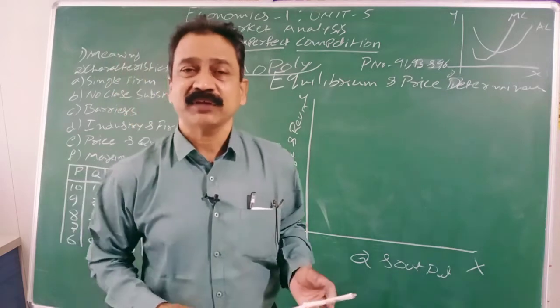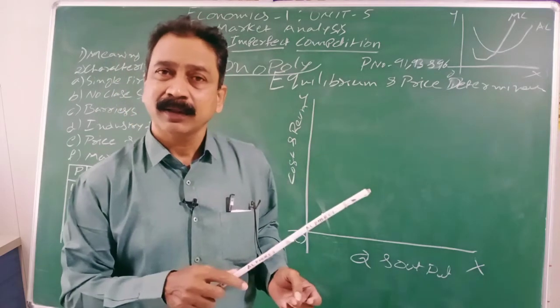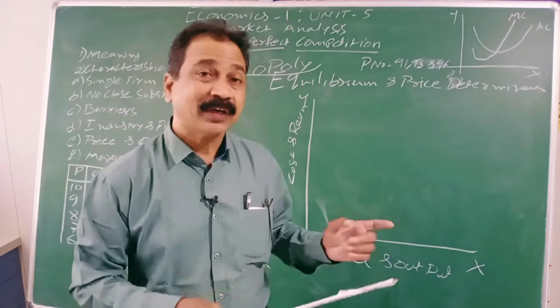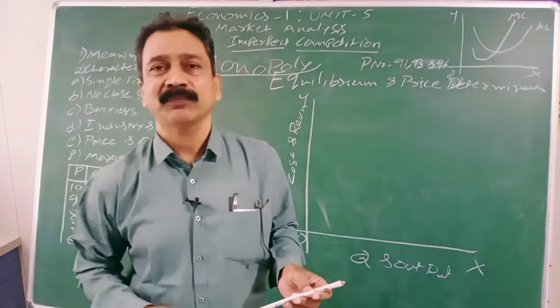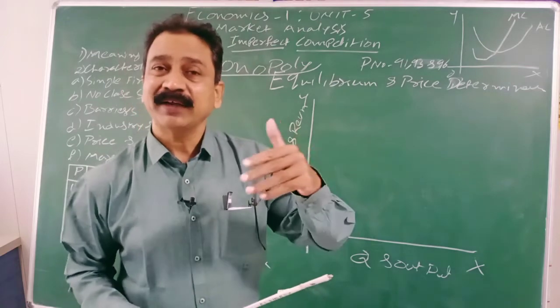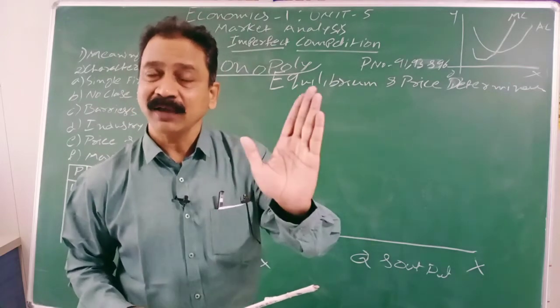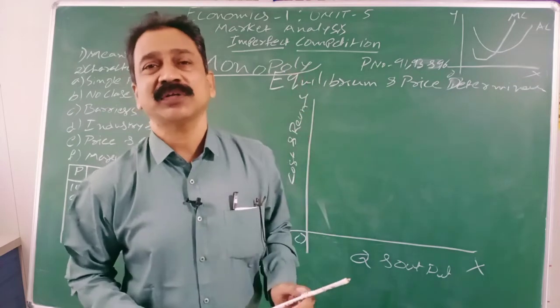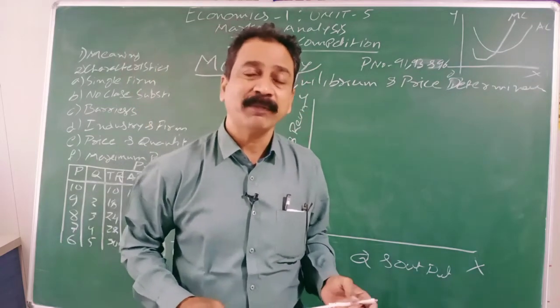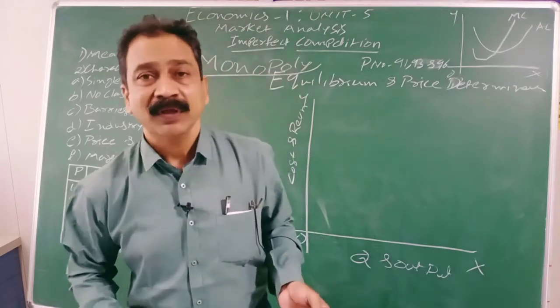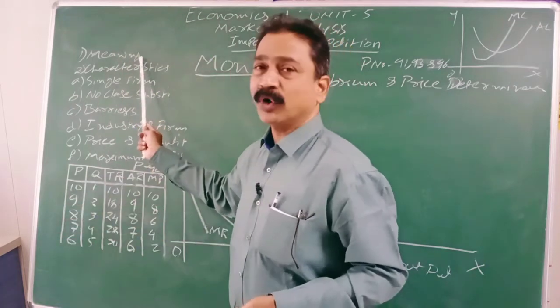Take electricity: produced by many privateers but sold by only one entity, that is the Telangana State Electricity Board. Monopoly. No one can enter, no one can exit because there is a restriction which is created by the government itself. So these are called government monopolies. That is the meaning of monopoly.